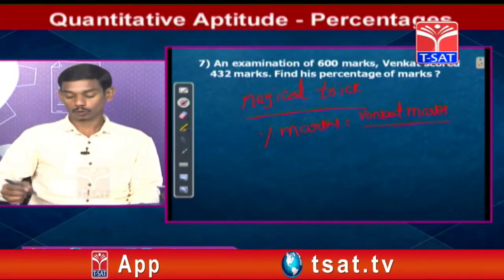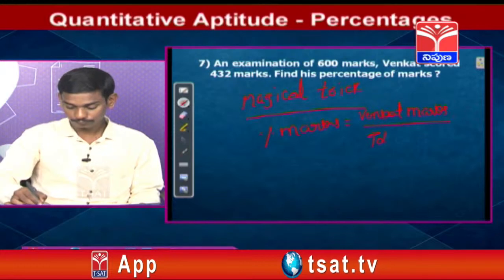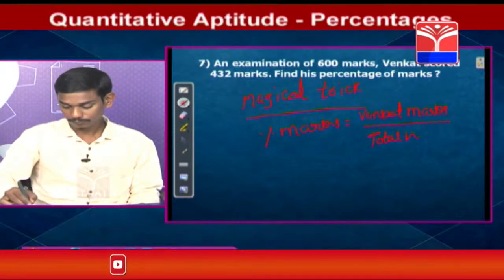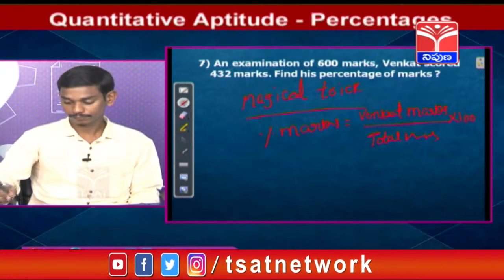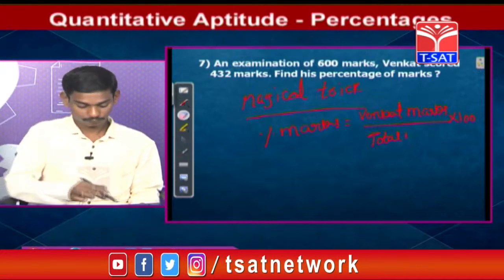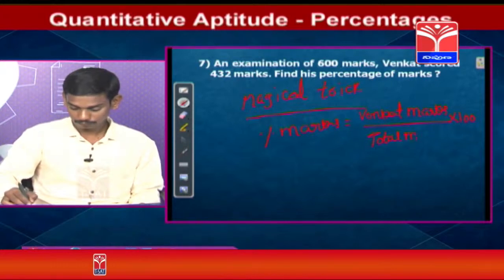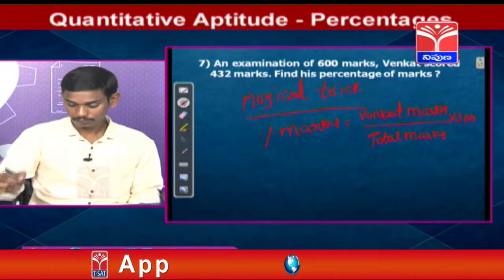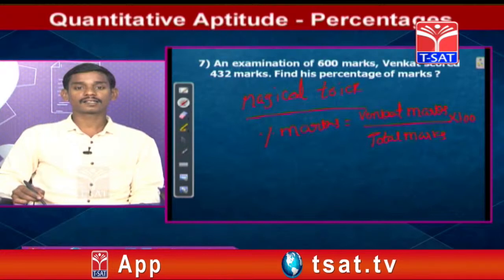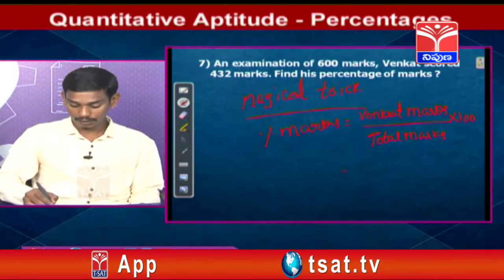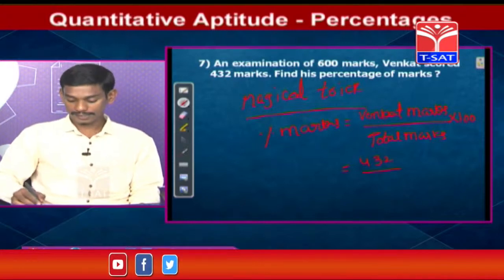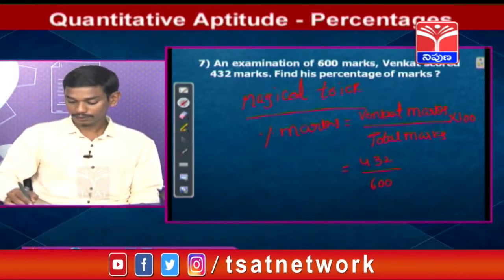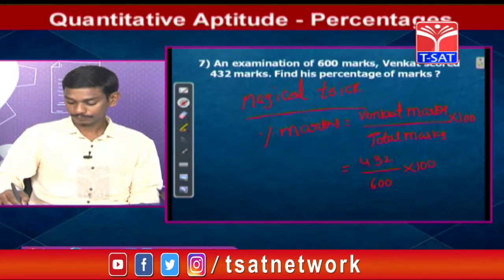Venkat marks and total marks, into 100. So how many marks Venkat got? 432 marks got. Total marks is 600, into 100.